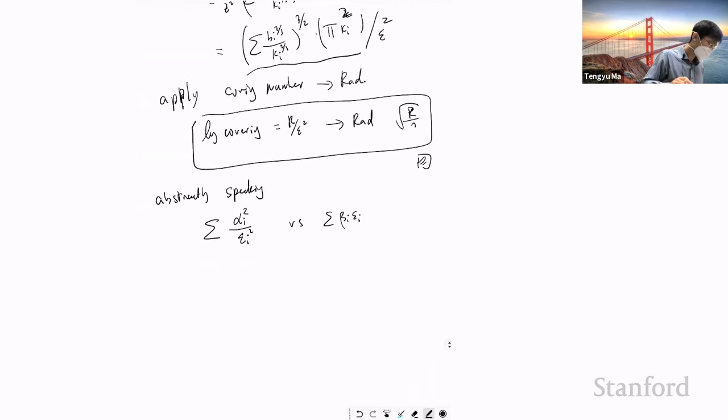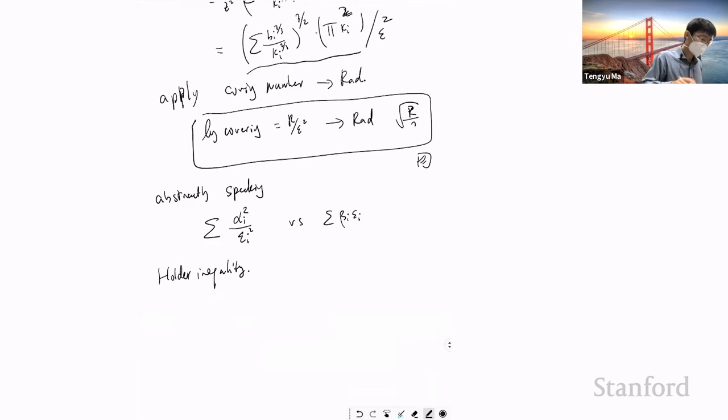What you would do is use the so-called Hölder inequality. There are multiple ways to write it. For example, you can write the inner product of A with B is less than the P norm of A times the Q norm of B when P and Q satisfy this.